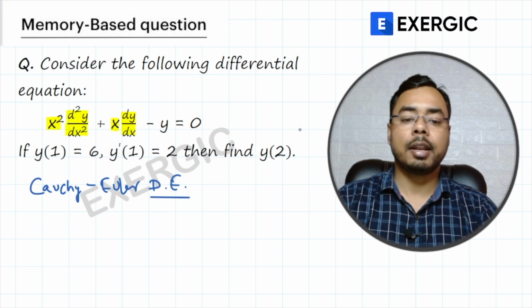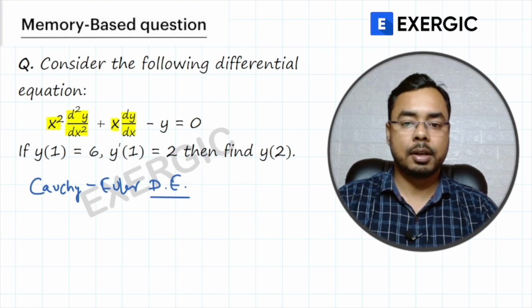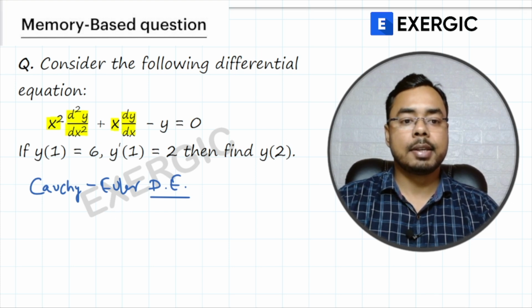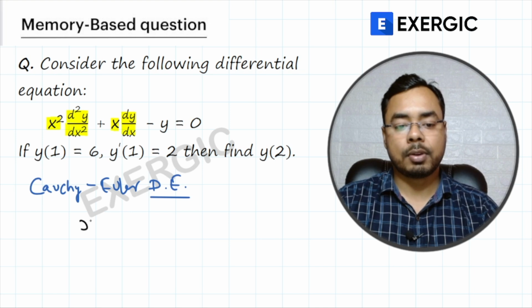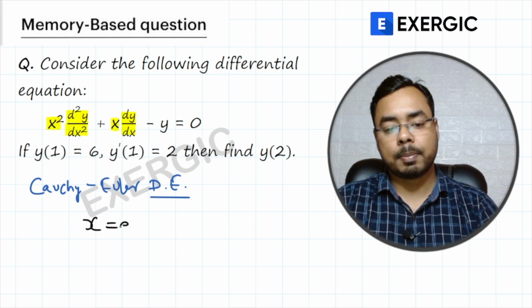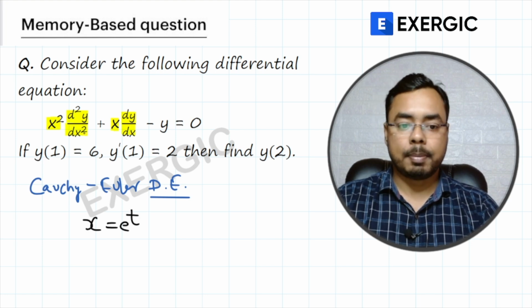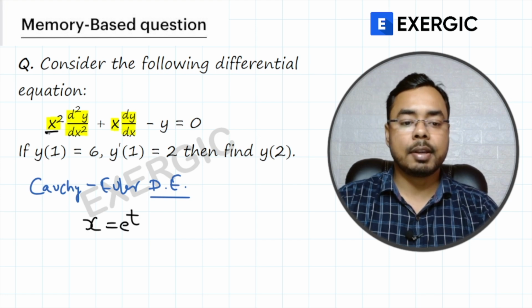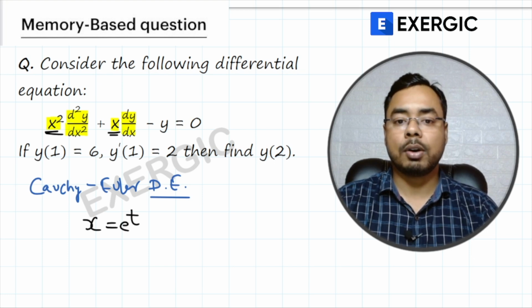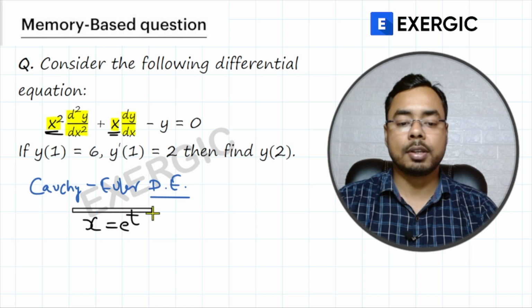Now in this differential equation, there is one standard substitution that I'm sure you must have learned. The substitution here is that in place of x, you have to write e to the power t, right? If x is e to the power t, this is a differential equation with variable coefficient, right? But we know how to solve a differential equation with constant coefficient.